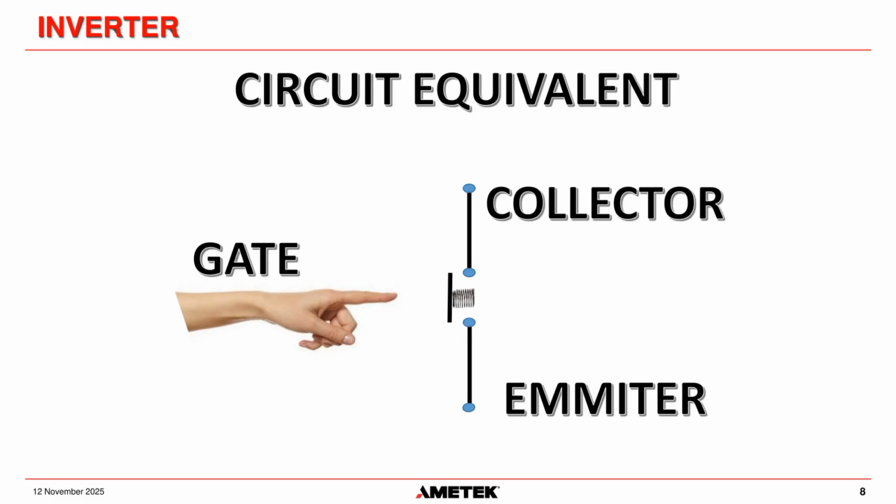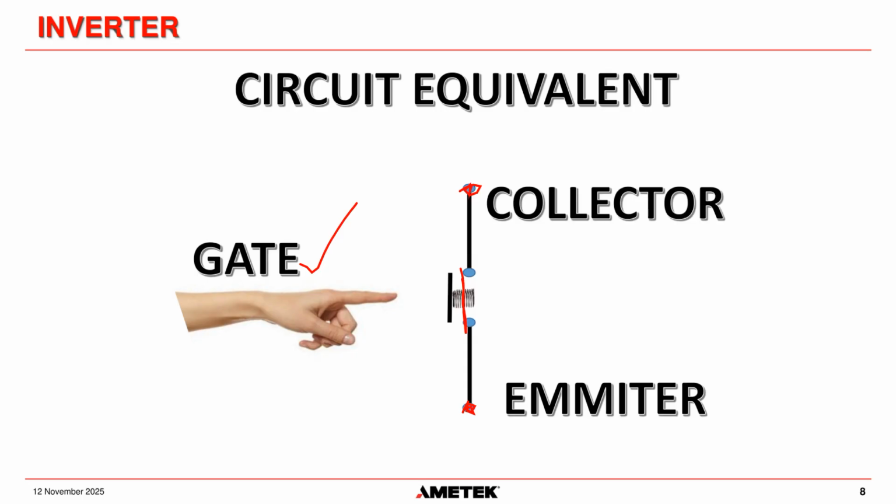If you send a signal to the gate, and it's a voltage signal for an IGBT, and it has to be within the parameters given on the data sheet for that particular IGBT, it's as if this finger is going to press this spring-loaded switch into the on position. So if we send a gate signal, this switch moves to this point here, and the collector and the emitter become connected together.